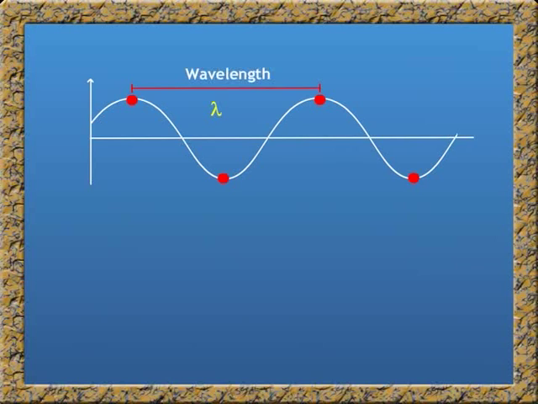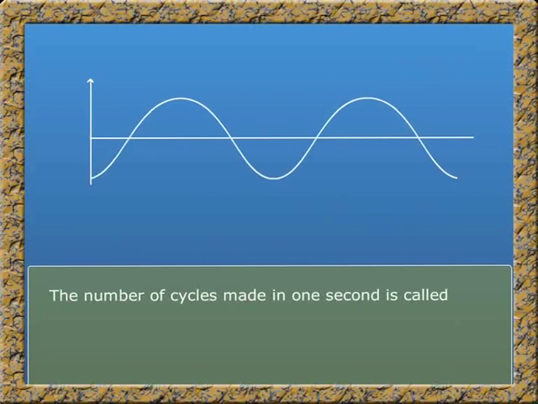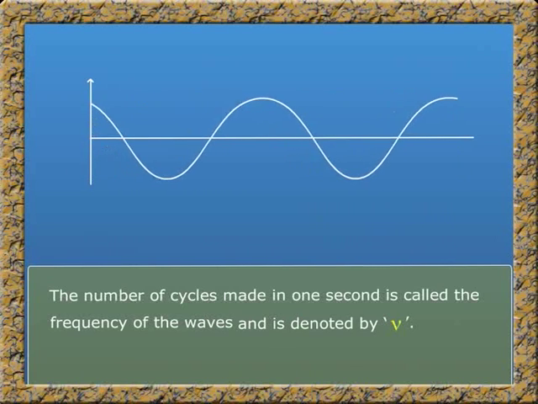The time during which a particle of the medium completes one full vibration is called the time period, denoted by T, which means that in time T, one cycle is completed. The number of cycles made in 1 second is called the frequency of the wave and is denoted by nu.